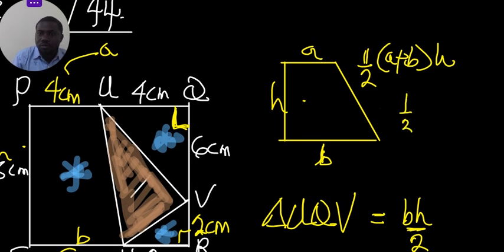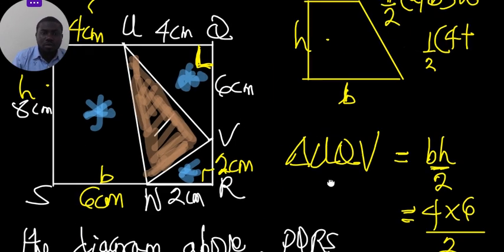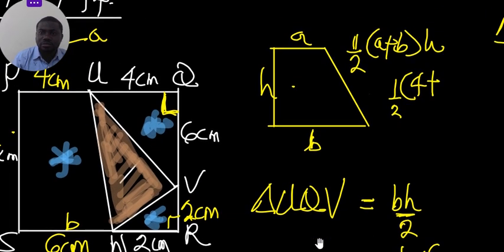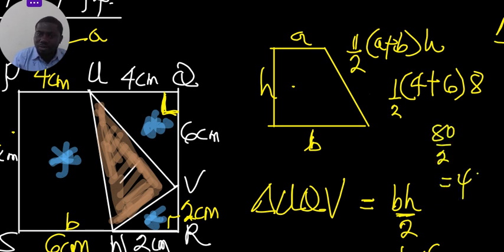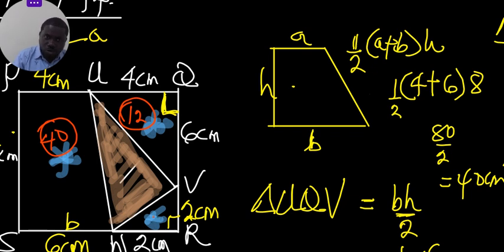That's half. A is 4, B is 6, height is 8. So 6 plus 4, that's 10 times 8, 80 over 2. That's 40 cm squared. So we found area here to be 40 cm squared. The triangle, that's 12 cm squared. The other triangle, 2 cm squared.